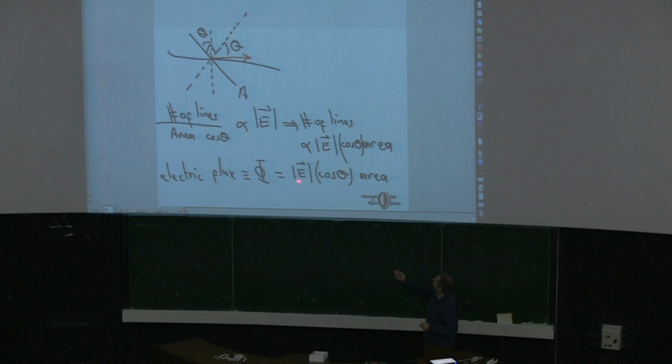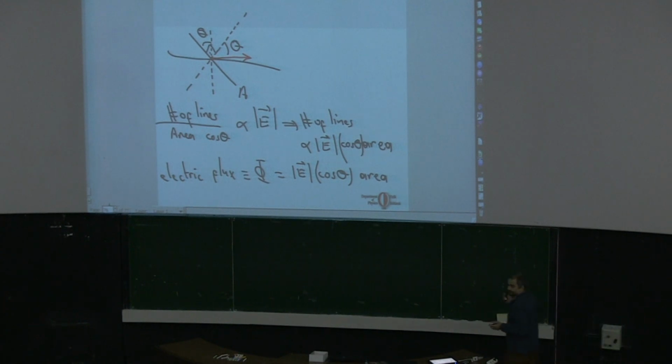Now let's come back to this definition. So I have the electric field, the magnitude of a vector. I have also a cosine theta. So does it ring any bell? Does it resemble any other definition that we had, where we had the magnitudes of vectors and the cosine of some angle?